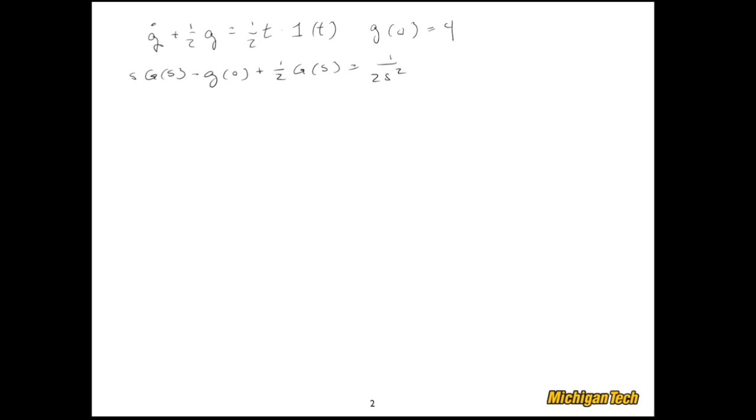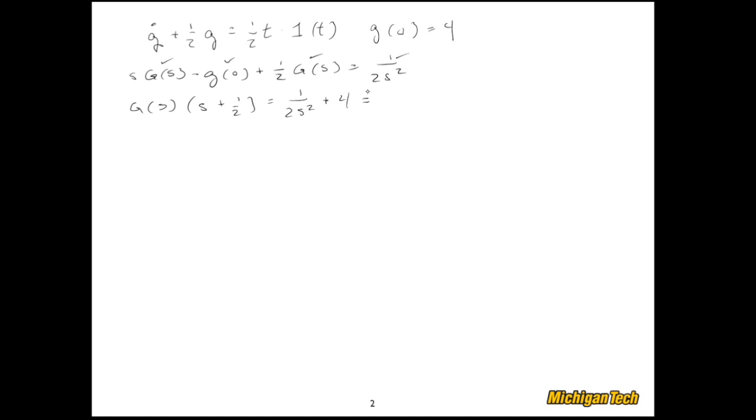Now we'll substitute in the initial condition and start solving for G of s all at once. So G of s times (s plus 1/2), I've used up those terms, equals 1 over 2s squared plus 4, I've used up those terms.